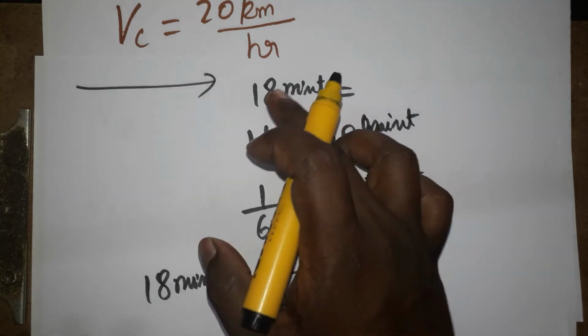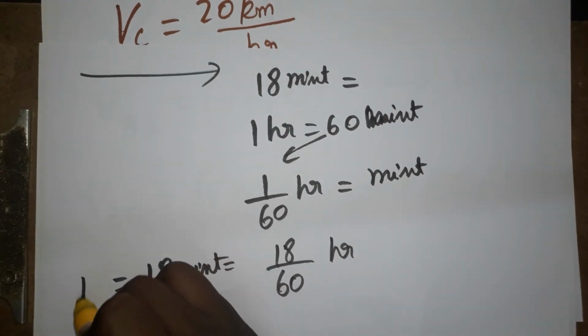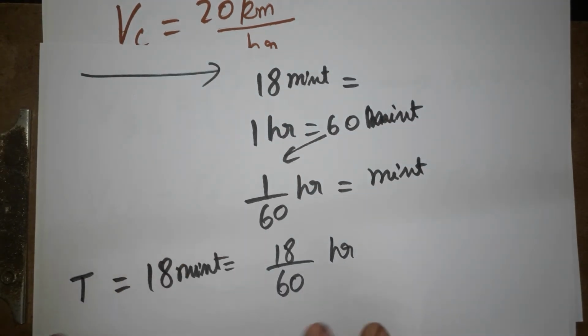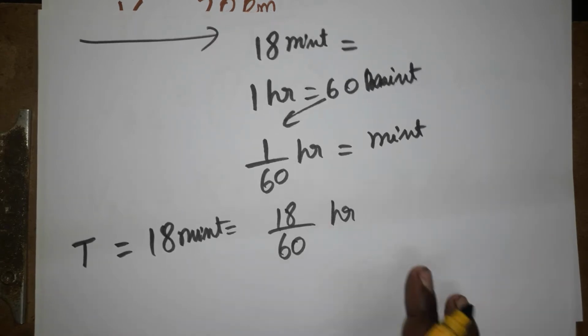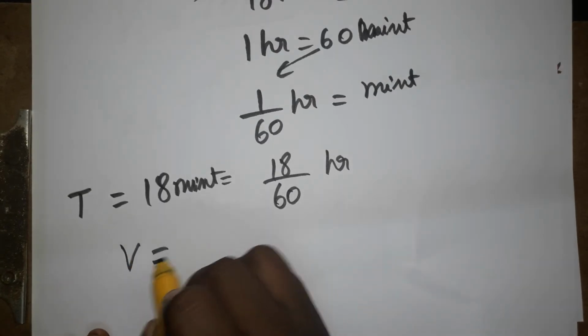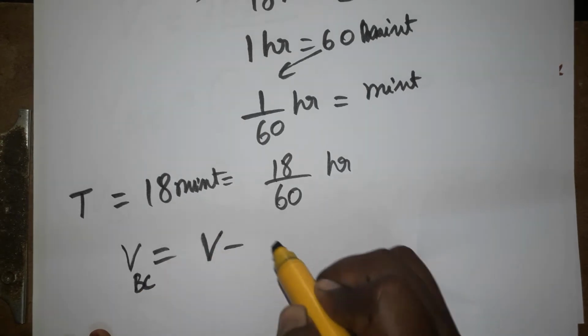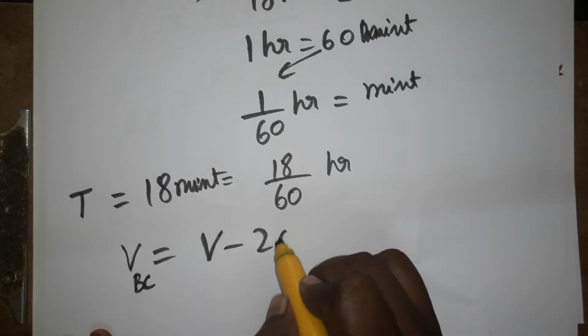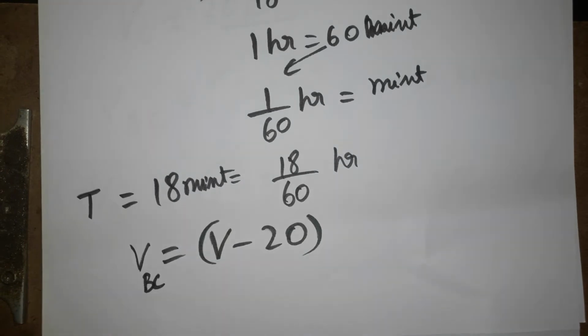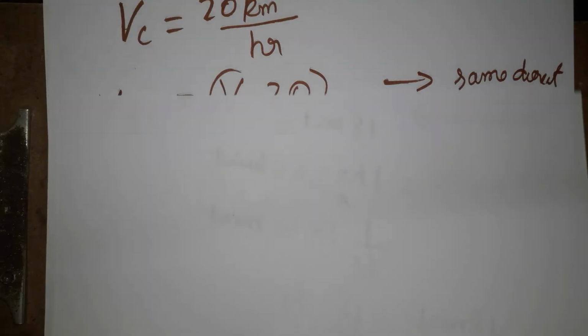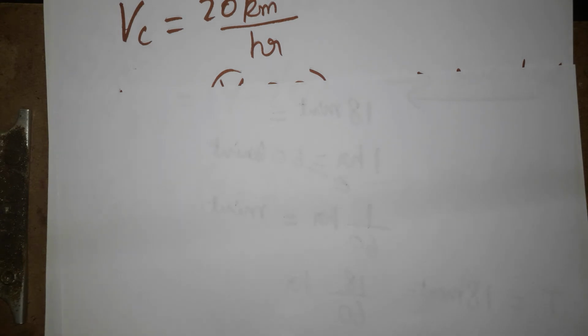Now I know the time period, relatively for bus and cycle. When it's going in the same direction, the velocity of the bus with respect to the cycle is V minus 20. Now the displacement covered by the bus is what I am going to find.